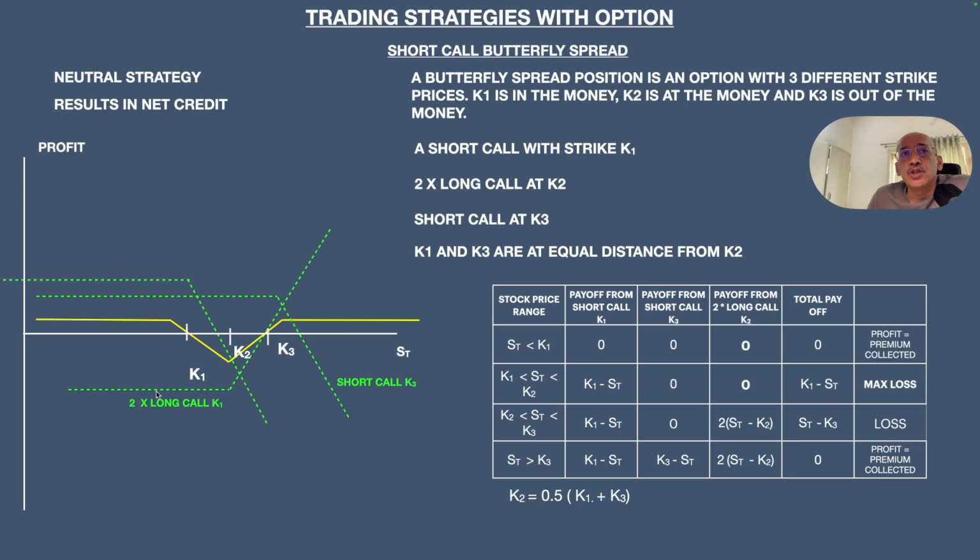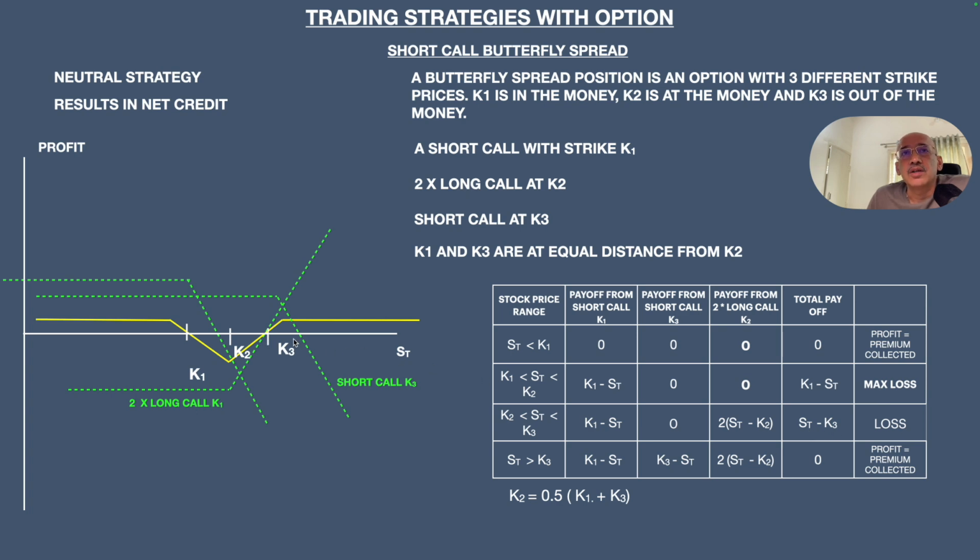However, the two long calls will result in profit, because we have moved out of K2 and you have come here. So this will result in some amount of profit after you move beyond K2, because the long call will result in a profit. However, the short call at K1 will result in a loss of ST minus K1.